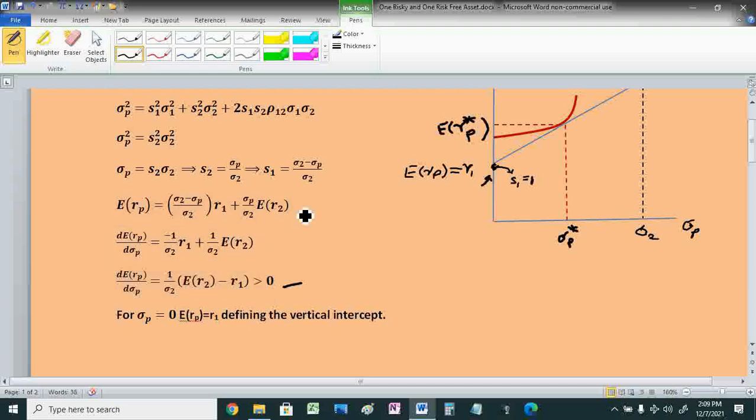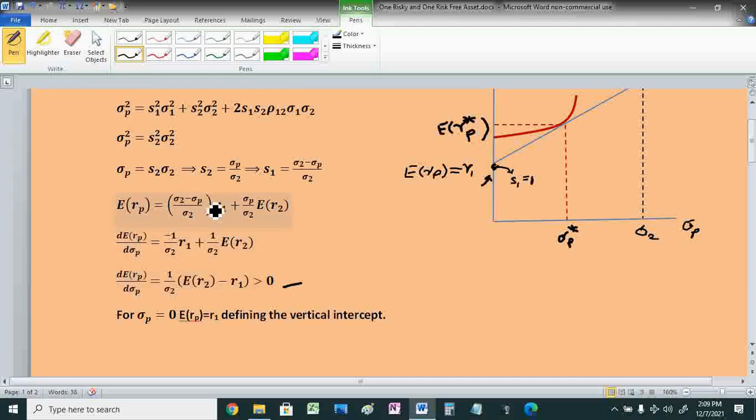So this means that this is a linear equation with a slope equal to 1 over sigma 2 times the difference of the expected rate of return on security 2 and the certain rate of return on security 1, the risk-free security.